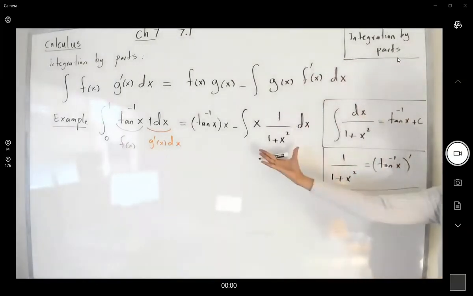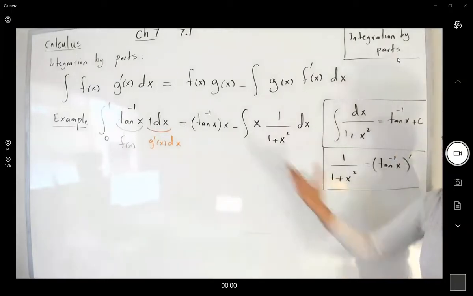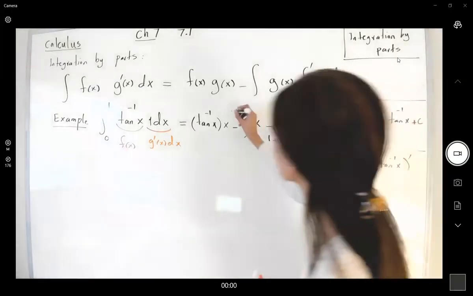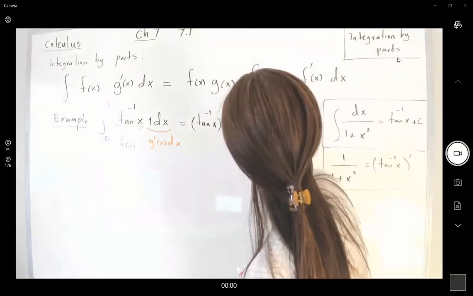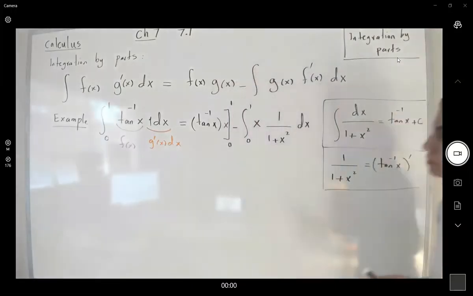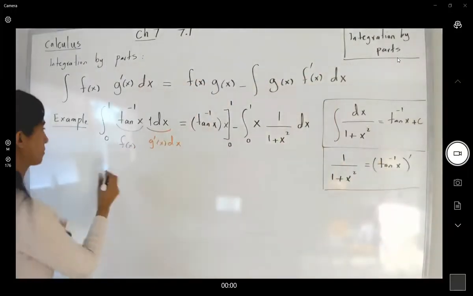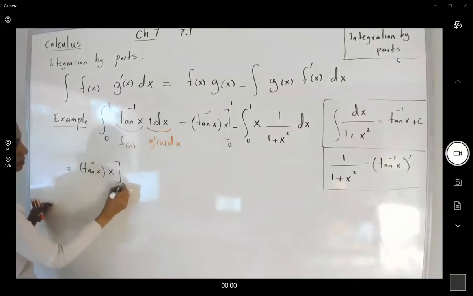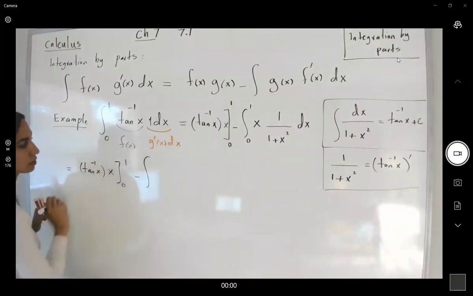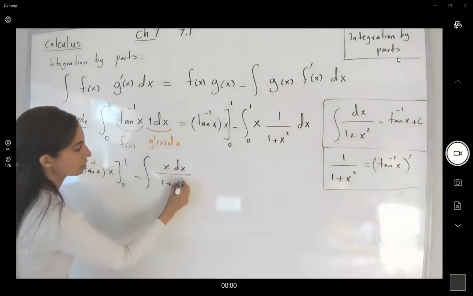Well, okay, look at this integral. You can easily use u-sub to calculate this integral. And this is a definite integral, so don't forget to plug in 0 and 1. Eventually, we're going to do the calculation. So far we have inverse tangent of x times x from 0 to 1 minus the integral x dx divided by 1 plus x squared.